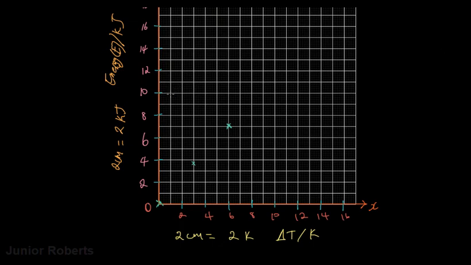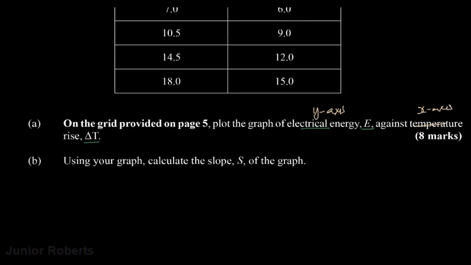We have 10 right here, and 10.5 will be a little bit above that, so we can place it there, and it corresponds to 9 on the x-axis. And then we can continue.